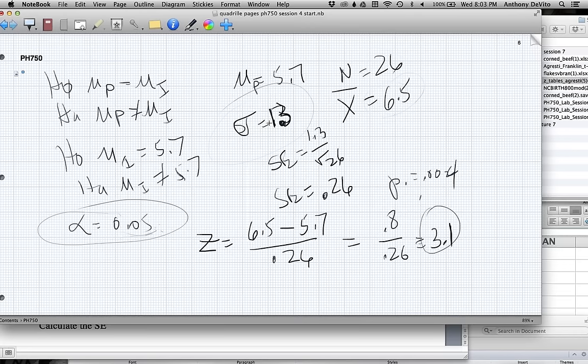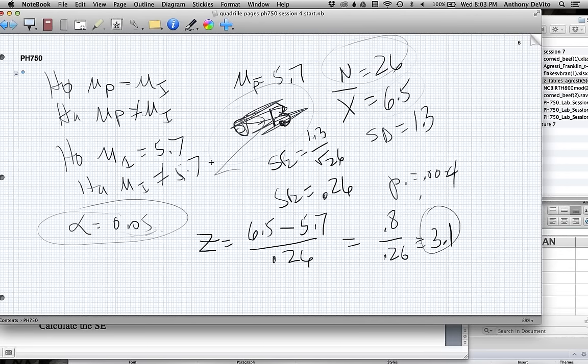Now one of the problems I have here: let's say I didn't know the standard deviation of the population. I would have to depend on the standard deviation for my sample of 26 people, and let's say it happened to come out to be 1.3. Now, is 26 a large sample? Not technically, the way we're dealing with this.